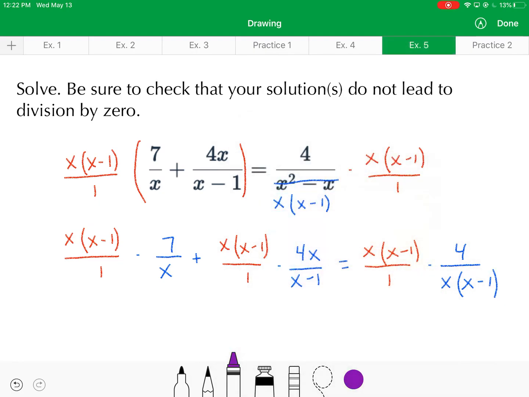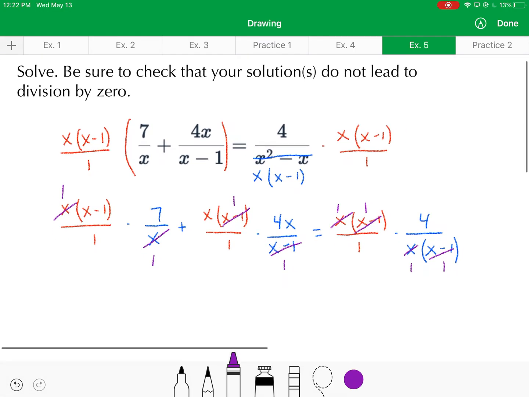Okay, and then reduce what you can. Those reduce to ones. Those reduce to ones. Ones. Ones.